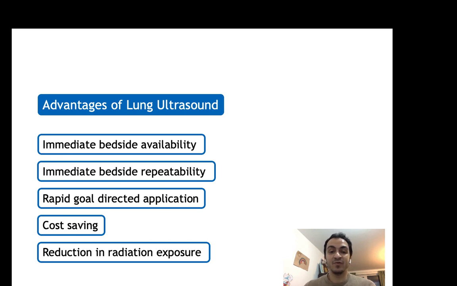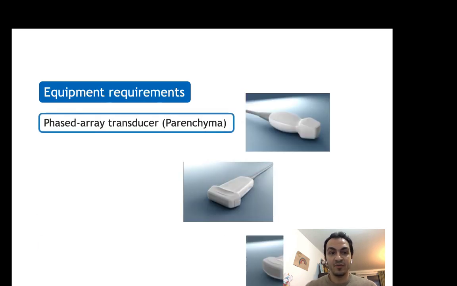And especially in our COVID-19 cohort of patients, if we utilize lung ultrasound, we might reduce the need to transfer the patient to the CT scanner, which reduces cost and also reduces the incidence of infection and cross-infection by moving the patient outside of their bed space.